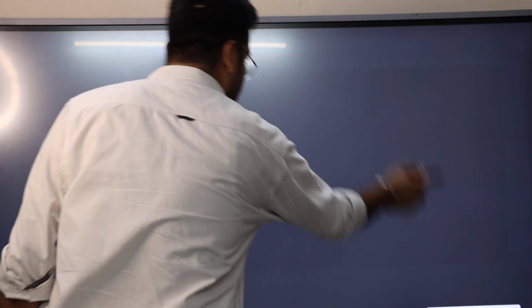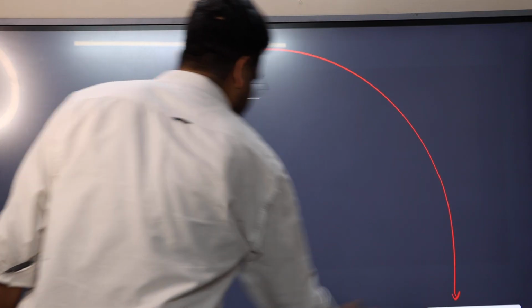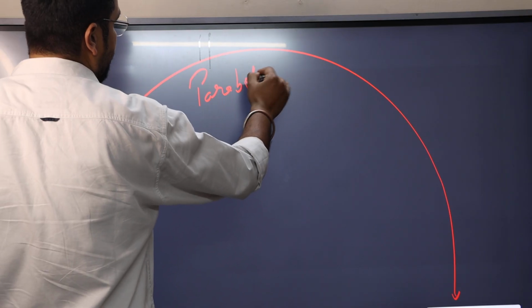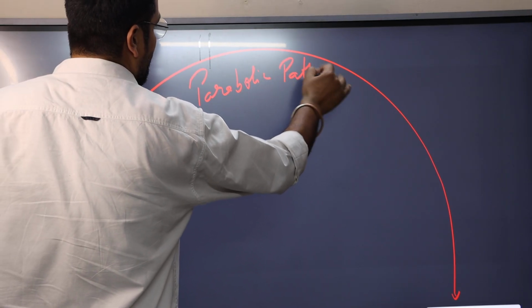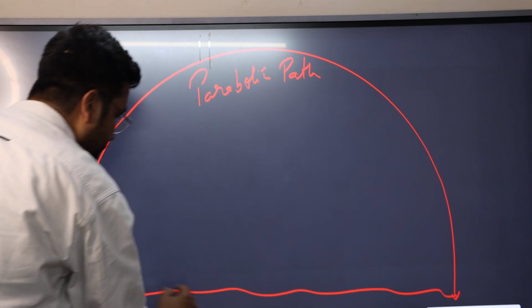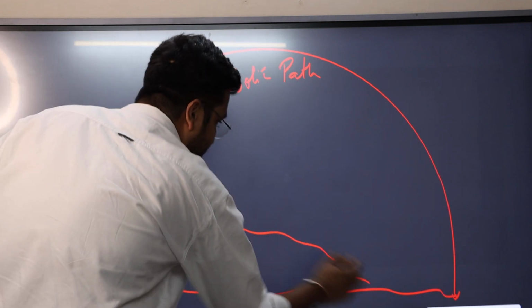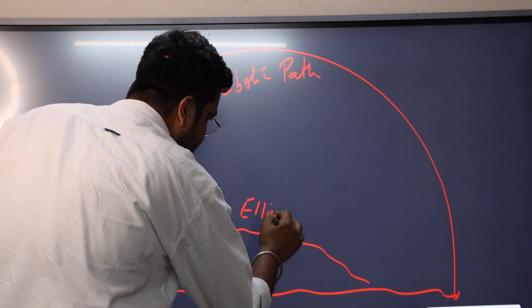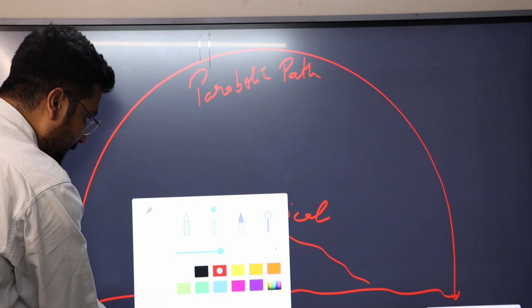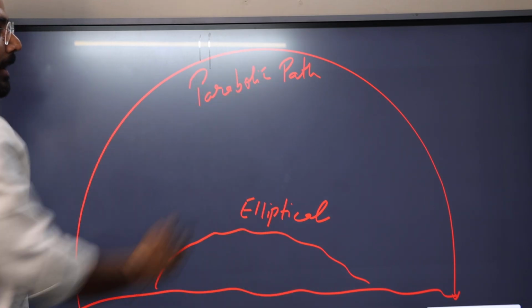I made a kind of diagram: this one could be a kind of parabolic path, and this one can be imagined as the surface of Earth, and here this path would be the elliptical path. This one would be the elliptical path and this one would be the parabolic path.